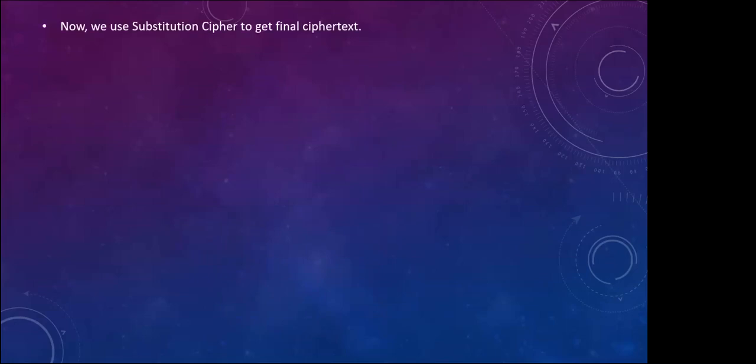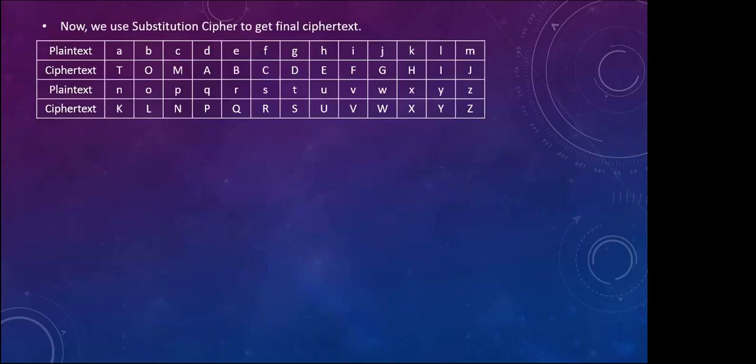For substitution we will construct a table like this. As we know, we will substitute each letter with a different one. So this is all the letters from A to Z, and then first we will write the keyword, like we have the keyword tomato. The letters in tomato are T, O, M, A, and then T and O are repeated again.